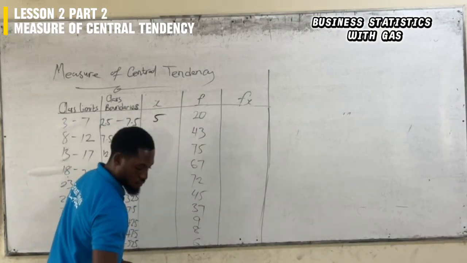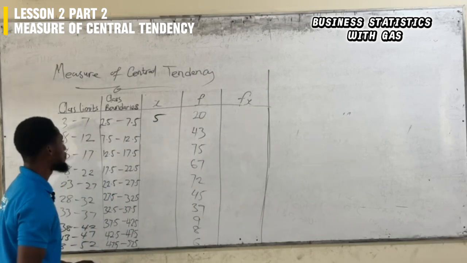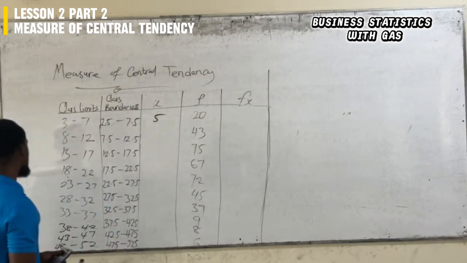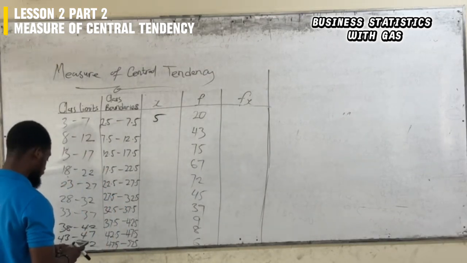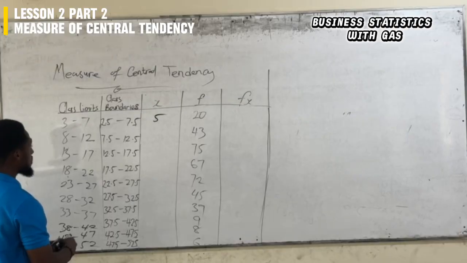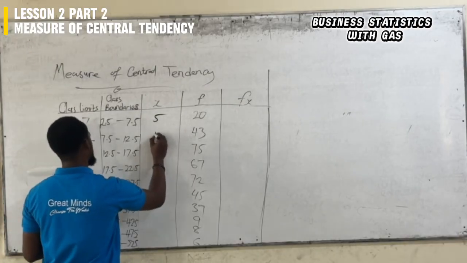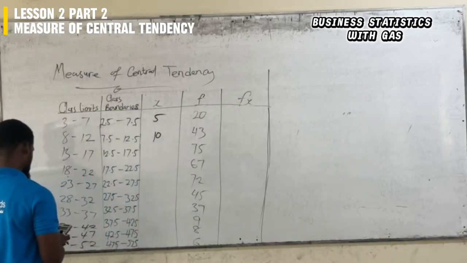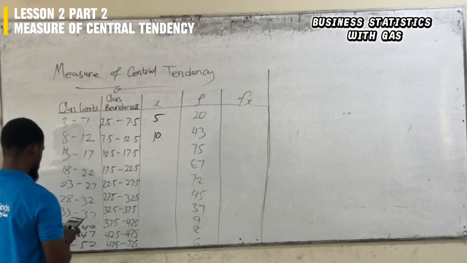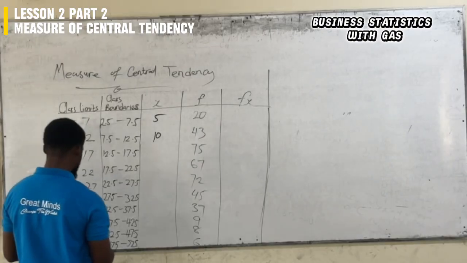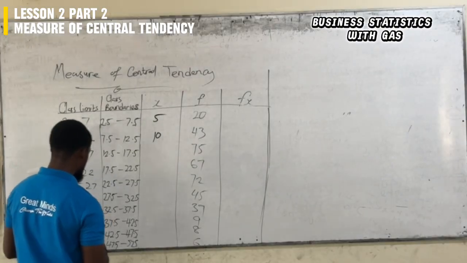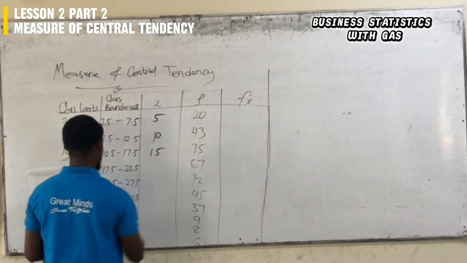So let's take our calculator and compute the rest. When you add 8 to 12, you are getting 20, and dividing by 2, you are getting 10. When you add 13 to 17, you are getting 30, and dividing by 2, you are getting 15.